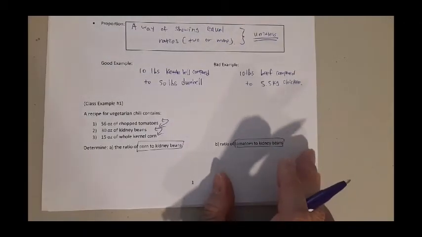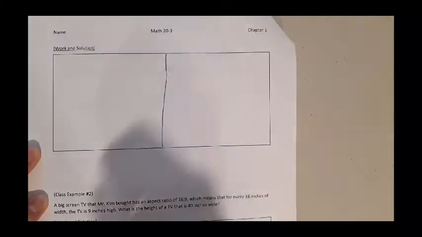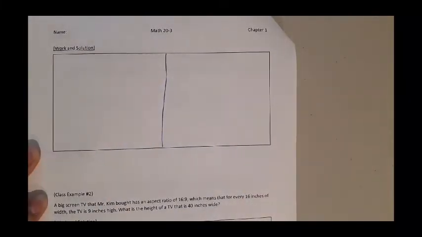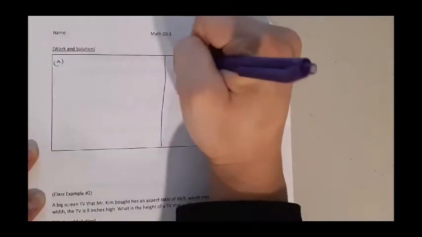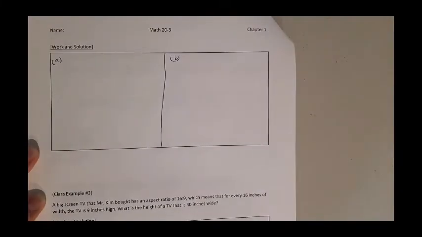So let's do an example at the back. If you use blank pieces of paper, you don't need to divide. If you have a printer and printed this worksheet or lessons document, just follow the way that I do. I'm going to do part A on the left side, part B on the right side. A was asking to determine the ratio of corn to kidney beans.